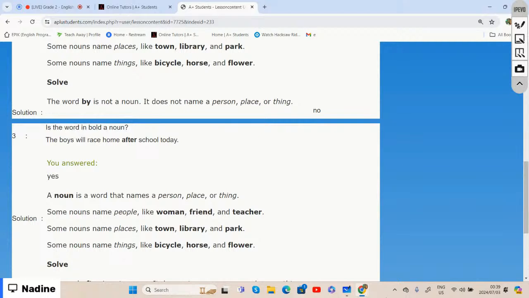So the boys will race home after school today. The word after, is that a noun or what is that? All right, so we can then say after is a preposition.